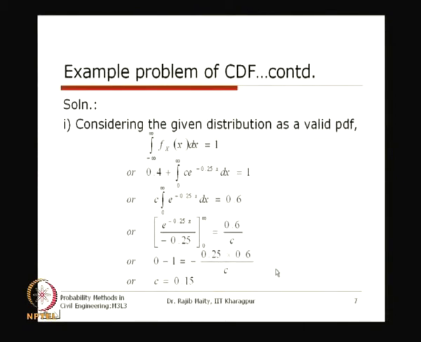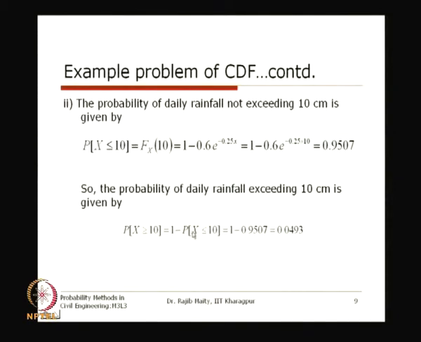F(10) is 1 minus this expression, which gives 0.9507. So the probability of daily rainfall exceeding 10 centimeter is 1 minus P(X less than or equal to 10), which equals 0.0493.